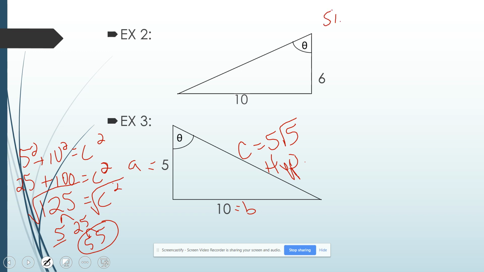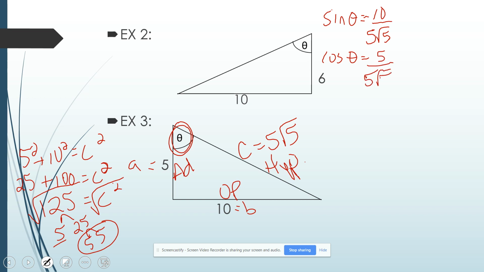So starting with my sine theta, well, let's label our sides here. My theta is up here, so this is the opposite side and the adjacent side. So sine theta, we have 10 over 5 square root of 5. Cosine theta, we have 5 over 5 square root 5.